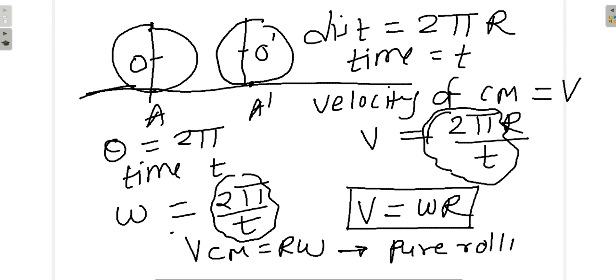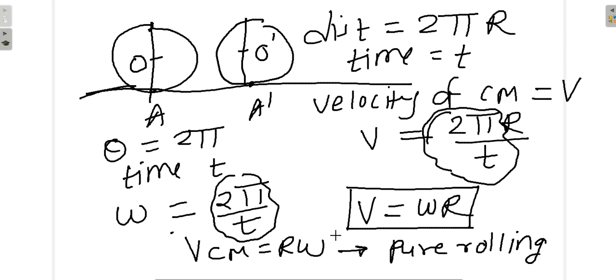So this is a very important aspect that you must understand before we proceed, that when the velocity of center of mass is r omega, where omega is the angular velocity, then the body will have a pure rolling motion. Obviously, if velocity of center of mass is either greater or less than r omega, we will have slipping as well as rolling.